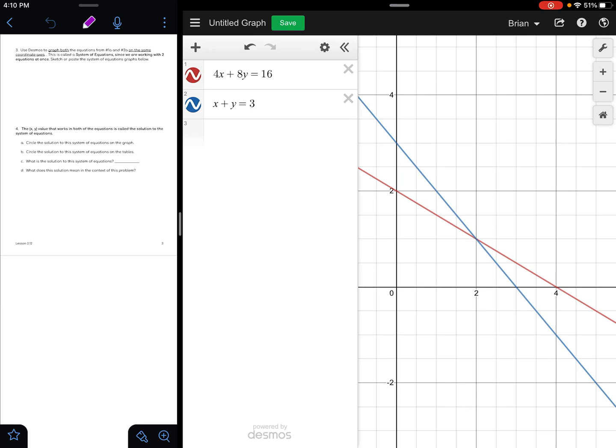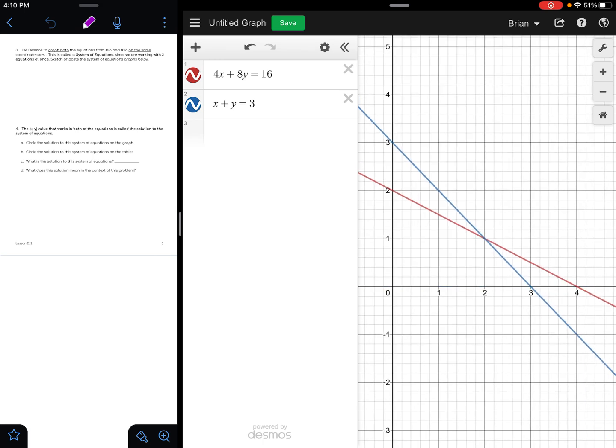So you can play around with that a little bit. So that right there is our system of equations. Ooh, I kind of like that. That worked out. So you can do that same thing as well.